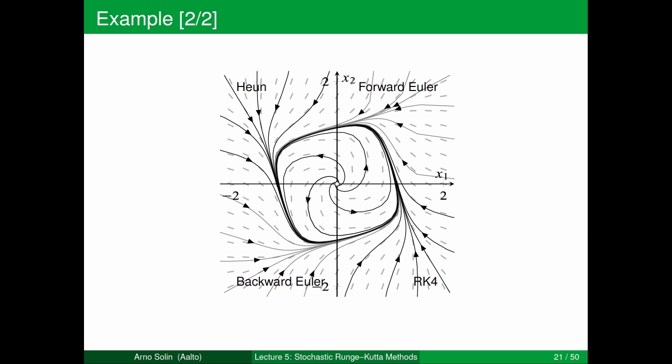And in this case, the implicit backward Euler scheme in the lower left quadrant clearly gives very stable and smooth solutions. Well, the practical differences in this case are not big, but if you would consider making the step size even bigger, the differences would of course grow.